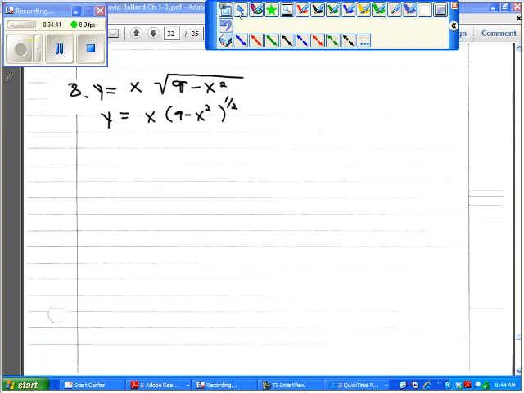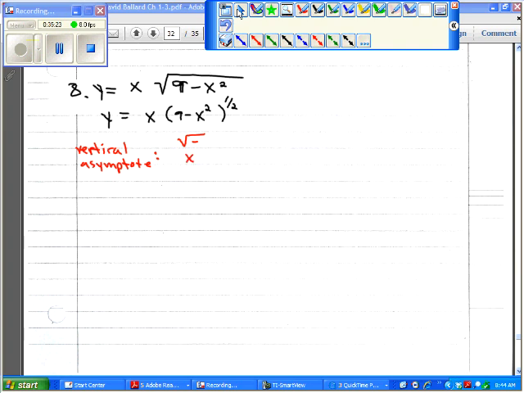Let's talk about all the asymptotes and intercepts first. Vertical asymptote. What's going to create an error? Division by 0 or the square root of a negative.